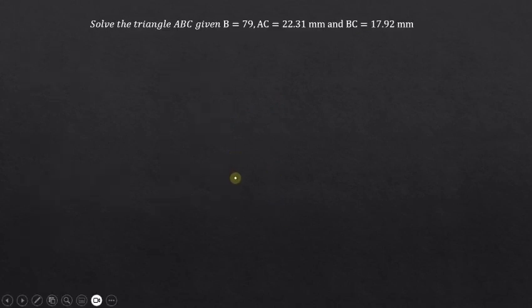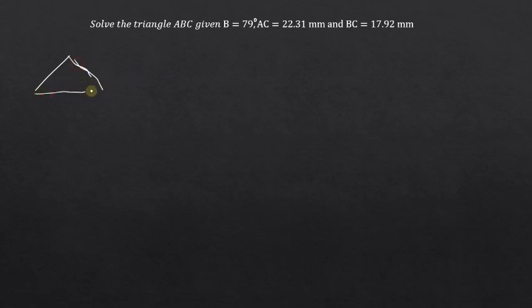Now let's move to our next question. You have to solve the triangle given that angle B is 79 degrees, the length of AC is 22.31 millimeters, and BC is 17.92 millimeters. The best thing you can do is to draw this triangle. So let me try and sketch something.